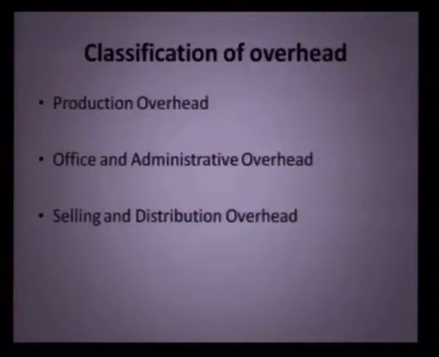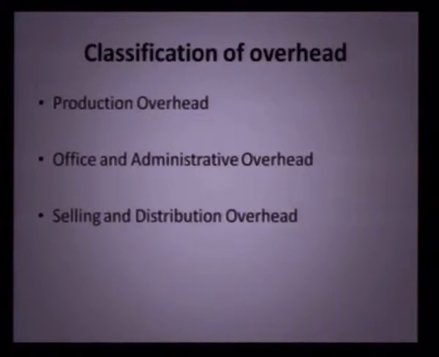Now how can we classify these overheads into various categories? Overheads can be classified basically in 3 parts, based on functions. Overheads which occur in factory premises, we call factory overhead or production overhead. The overheads which occur in office and administration, we call office and administrative overhead.